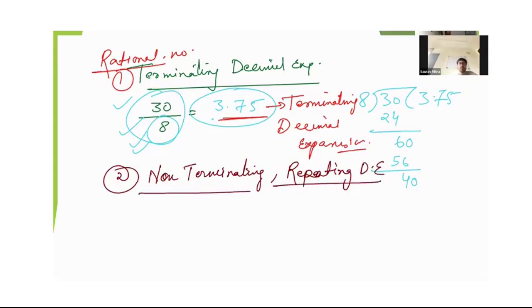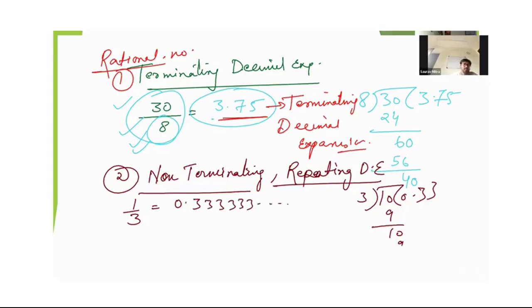For example, if you have 1 by 3, this is also a rational number, but if you go on dividing, you will always get 0.333333 and so on. Clear? So this is a case of non-terminating, but after the decimal the digits are repeating. So this is also a category for a rational number. Rational numbers possess both these kinds of expansion.